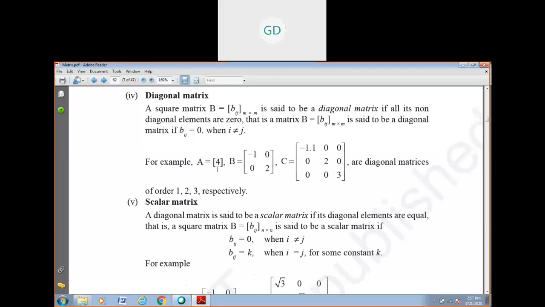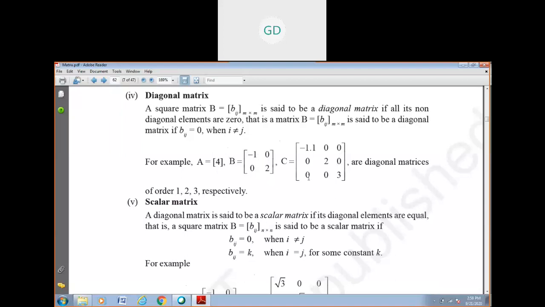Even if the number of rows and columns is 1 and 1, it is a square matrix, number of rows 1, number of columns 1. So A, the first example, is also a diagonal matrix. So the order of these matrices: this is order 1, this is order 2, and this is order 3.